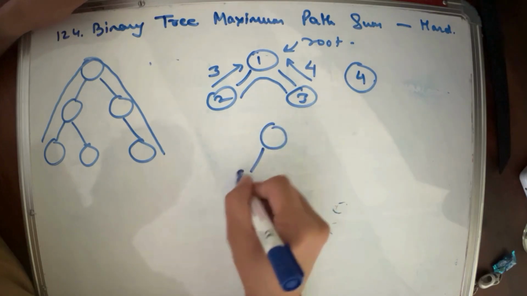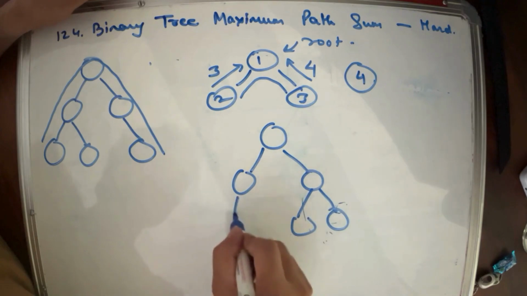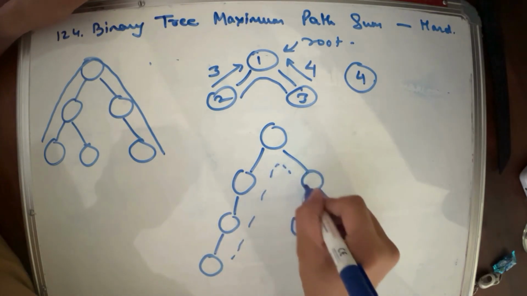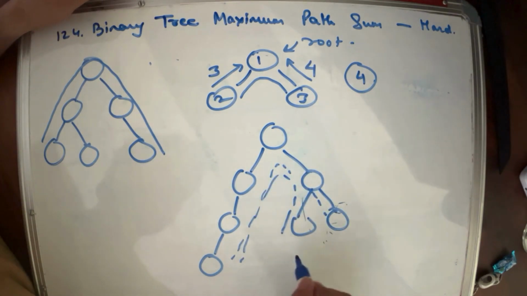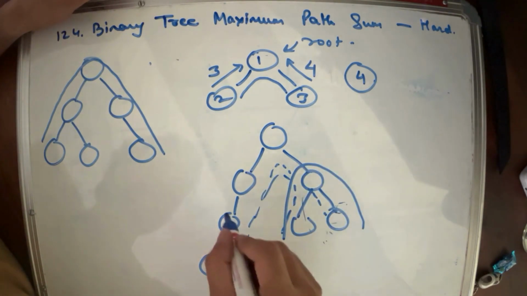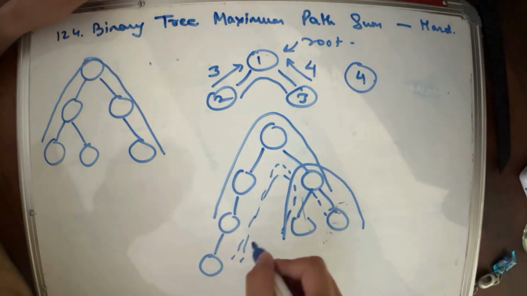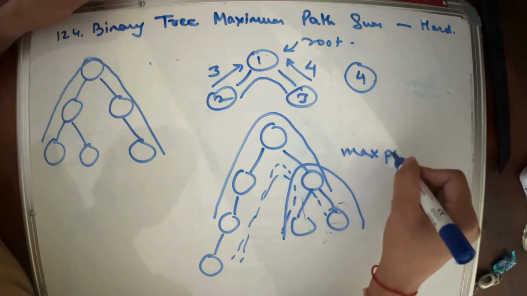So in a tree like this, this can be a path. This can be a path. This can be a path, right? And this can be a path, right? Among all these paths, which is the max path you want to calculate?